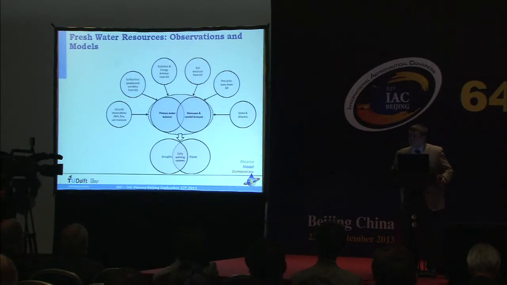Now, I know you cannot read this diagram, at least you cannot read the text in the boxes, and what this is meant to summarize is the flow of data from, say, sensors in space to the actual use for monitoring and early warning on drought and floods.